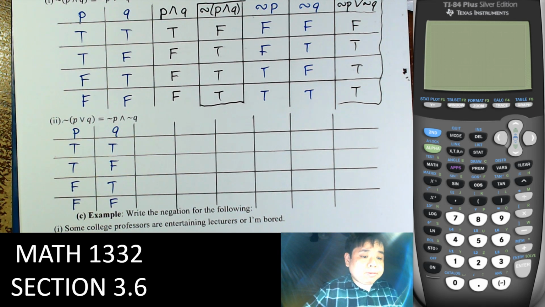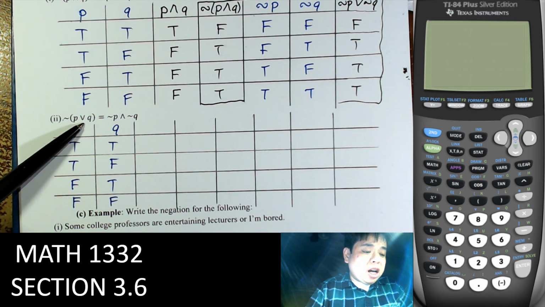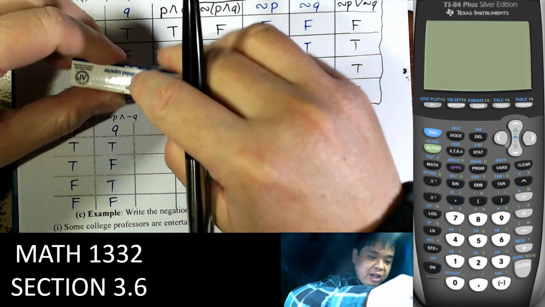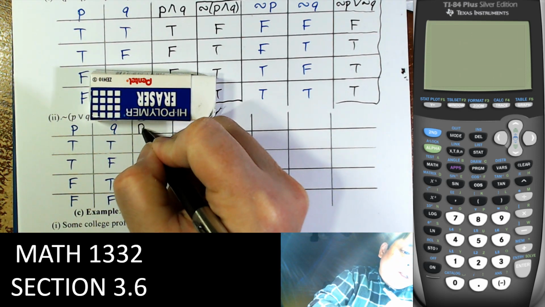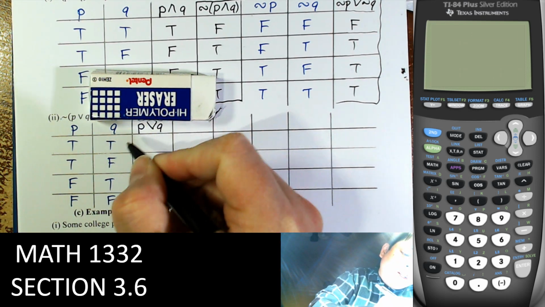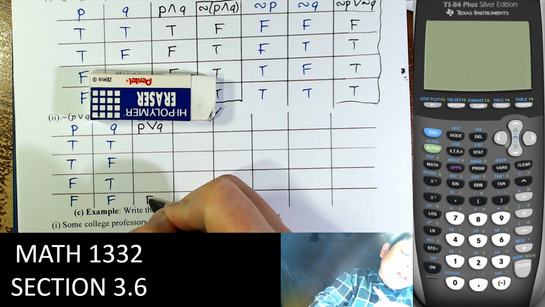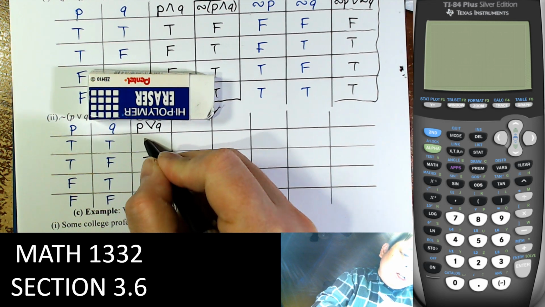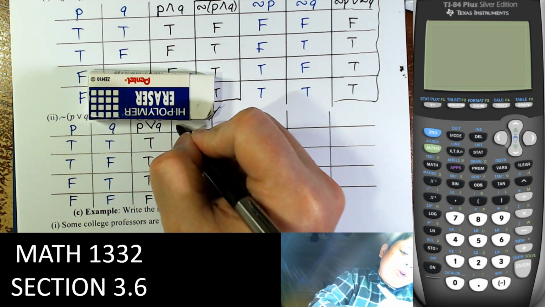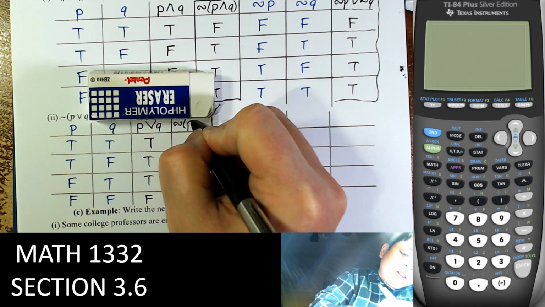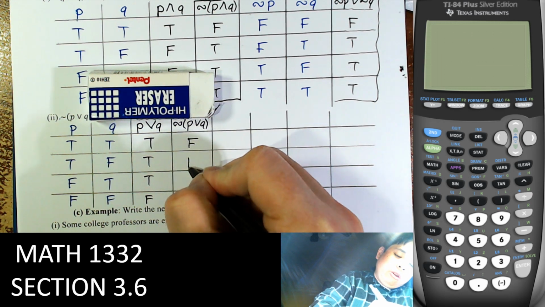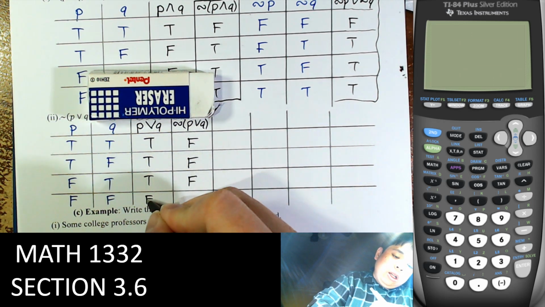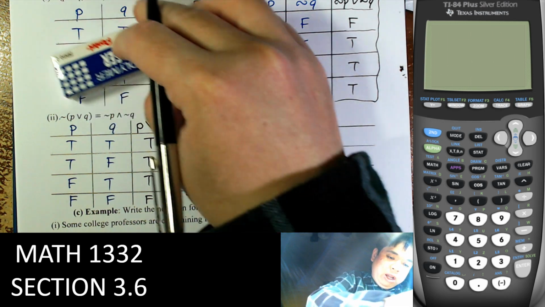Right, so I'm going to do inside the parentheses first. I'll focus on the left hand side here. We do the disjunction first, and this is false only when both of them are false. Everywhere else is true. Now we do the negation of that. True becomes false, and false becomes true. So we have one column.